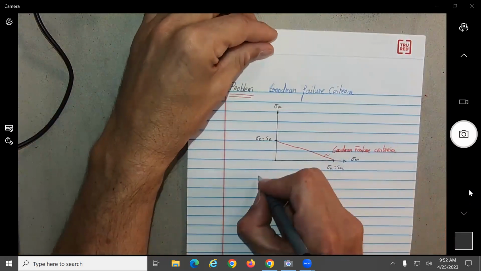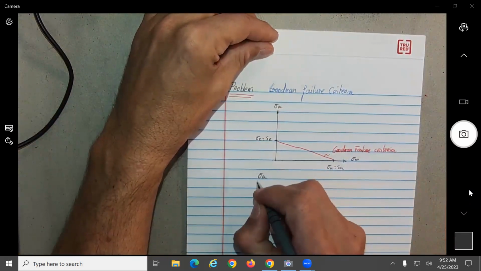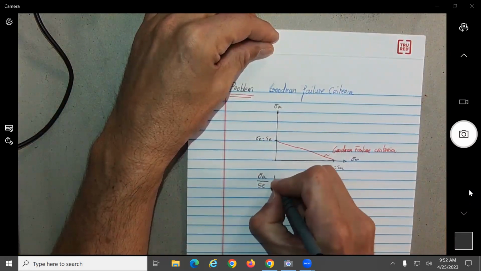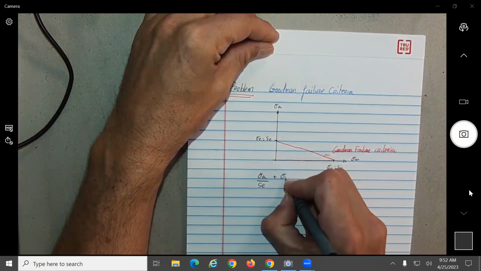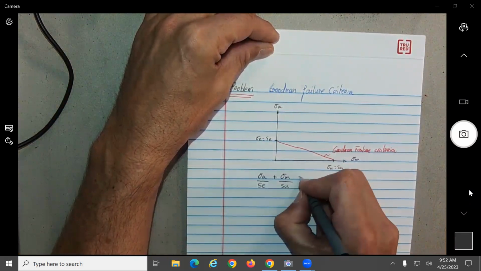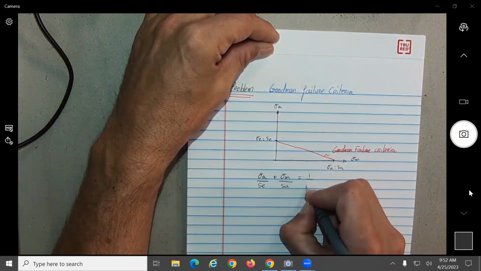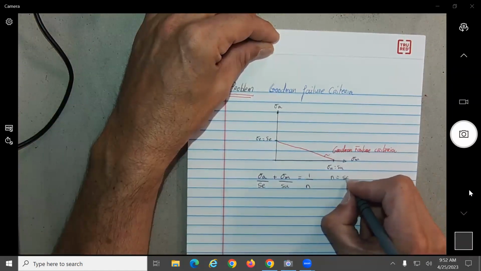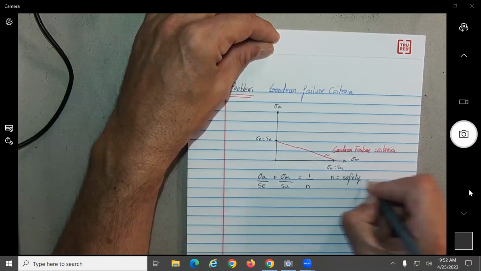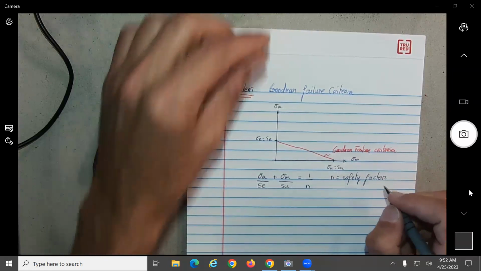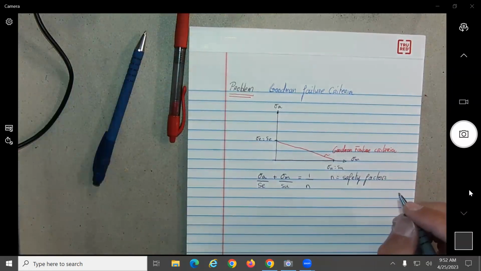Okay, and we say that the equation will be the alternating divided by the endurance plus the median, or the average, divided by the ultimate. This needs to be equal to 1 over n, where n is the safety factor. Okay, what else do we have over here? What are the equations we had?